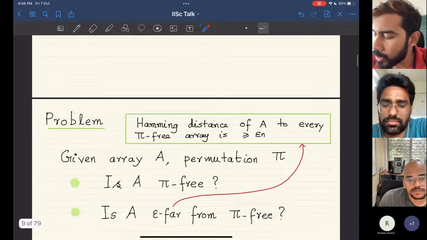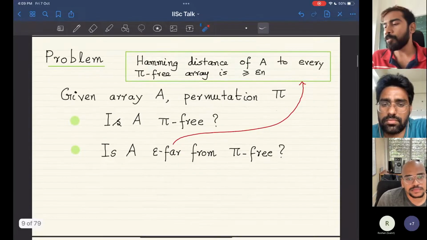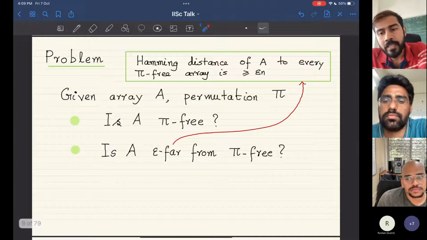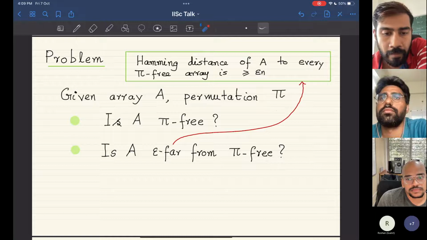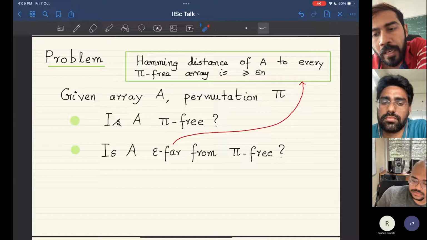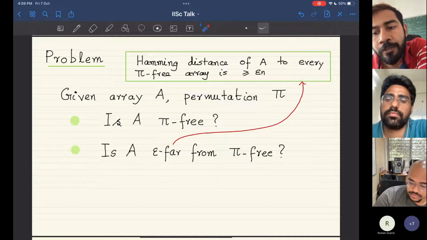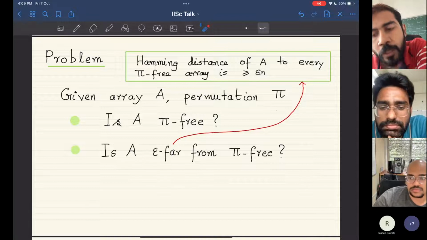And by epsilon farness, this is what I mean. An array is epsilon far from pi free if the Hamming distance of this array to every pi free array is at least epsilon n. In other words, at least an epsilon fraction of the array values need to be changed in order to make the array pi free.